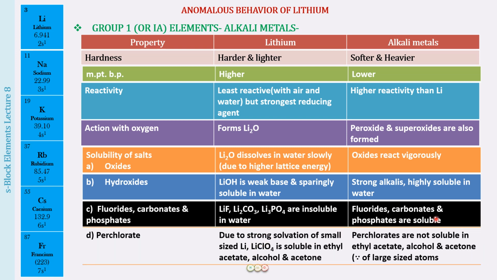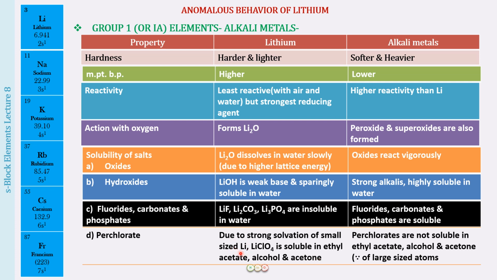Next we have the perchlorates. So perchlorate is going to be the ClO4 negative ion. Due to the strong solvation of the small sized lithium ion, LiClO4 is soluble in ethyl acetate, alcohol and acetone. This is because of the covalent character of the small sized lithium ion.